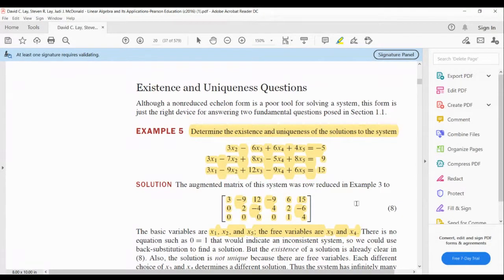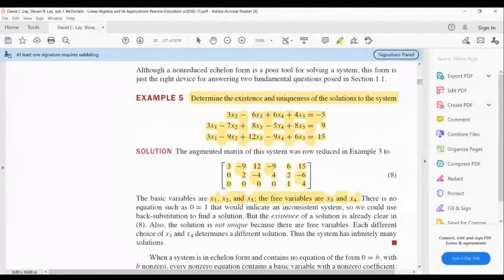The point they're trying to make is that if you get the matrix in echelon form, like when they ask in example 5, determine the existence and uniqueness of the solutions, you don't have to get the augmented matrix in reduced echelon form.